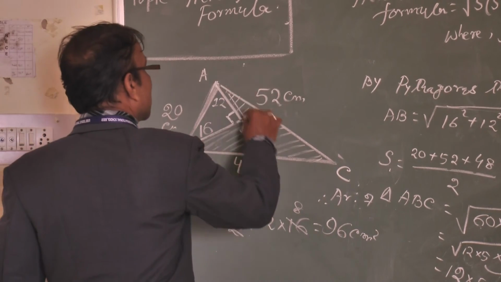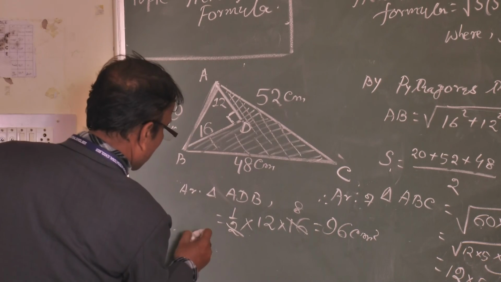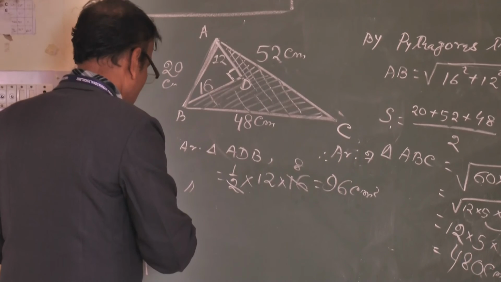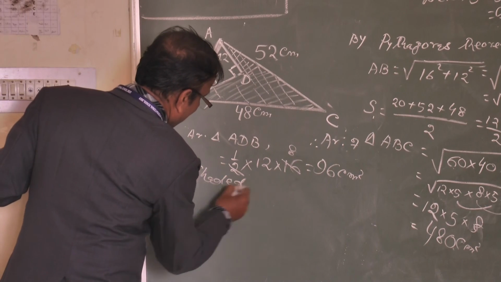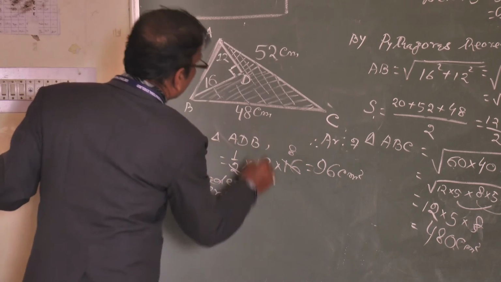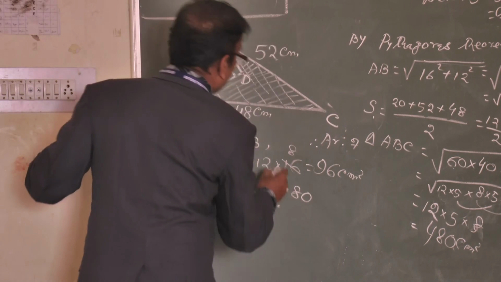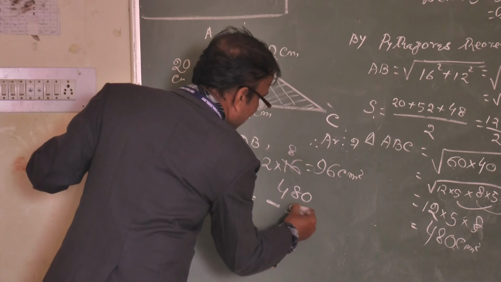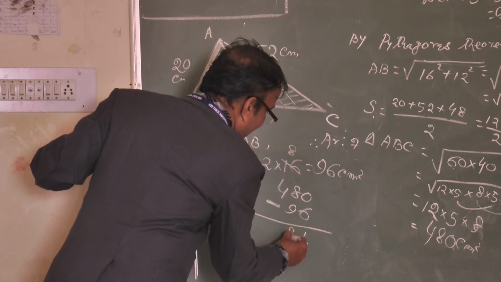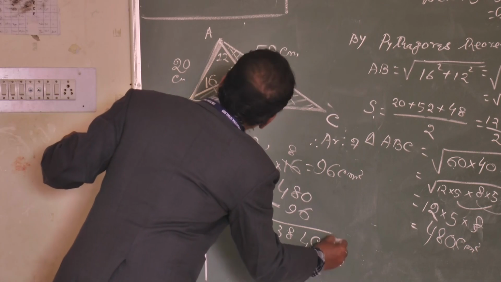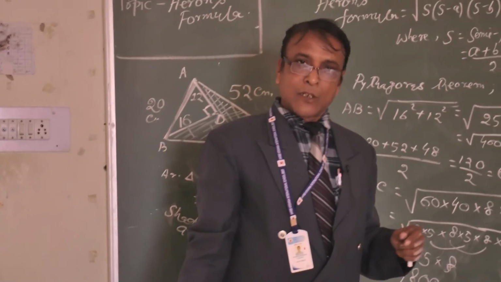We need this shaded portion, so from the total area, the shaded area is equal to full area 480 minus this area 96. Subtract here, it is 384. So this is your answer. So the area of the shaded part is this one.